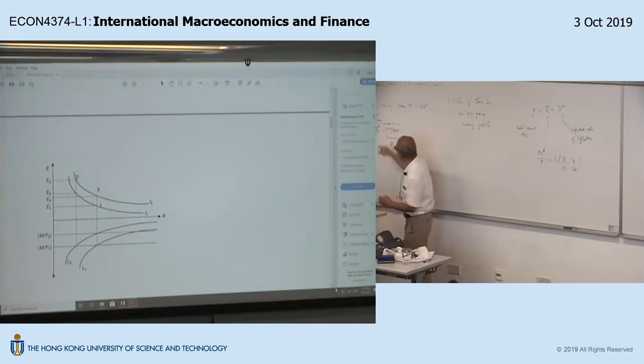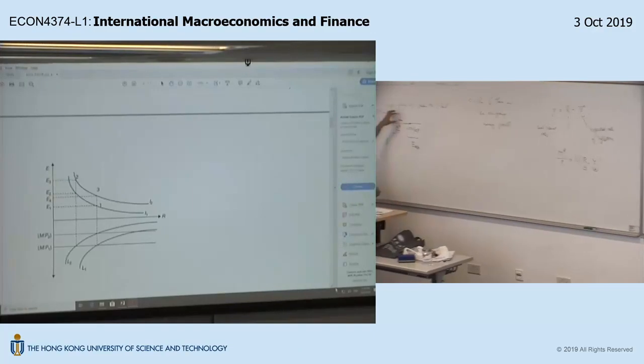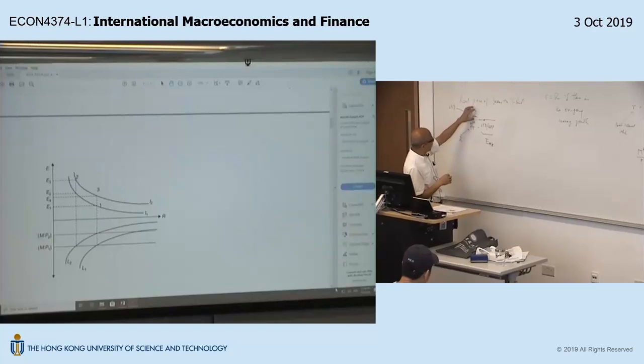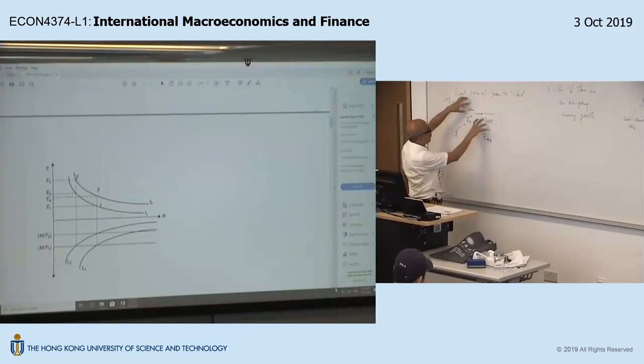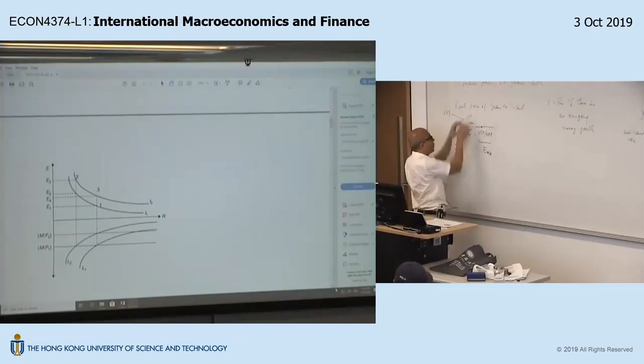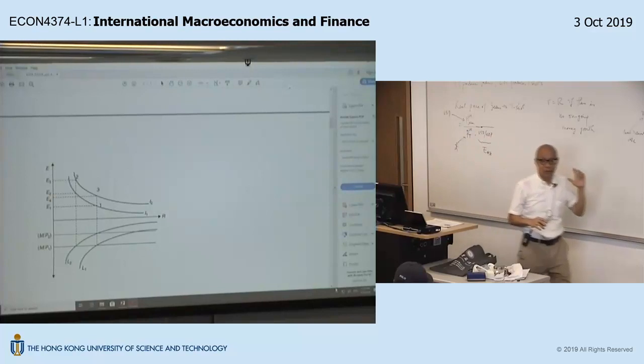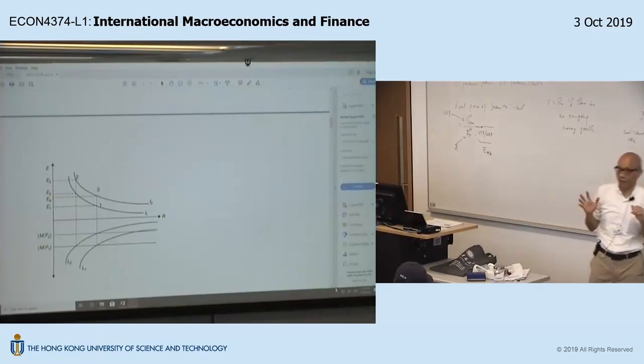I'm talking about this being foreign, this being home. So these two are probably going to change. The question is whether this is going to increase or decrease. This is the challenge of the question, okay?